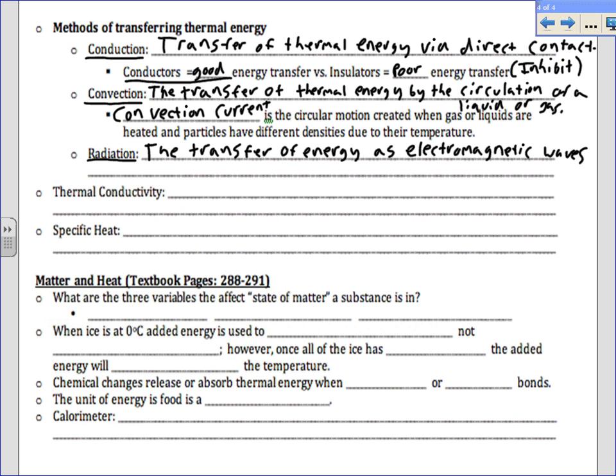This type of energy can travel through empty space as well as through particles.